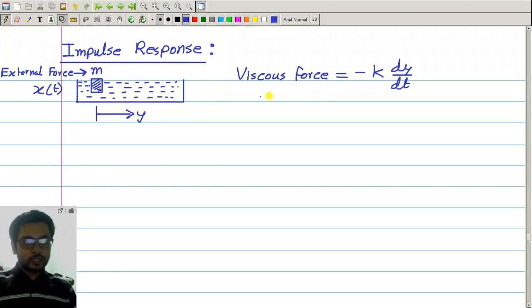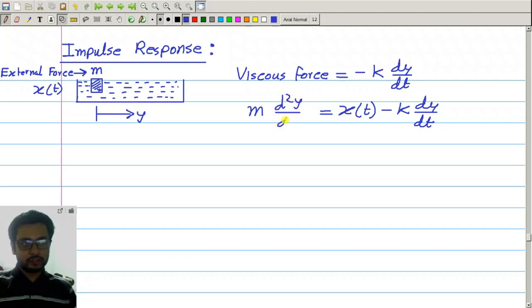So the total force acting on this float is the external force x(t) minus the viscous force, and this total force should be equal to the mass times the acceleration of the object.